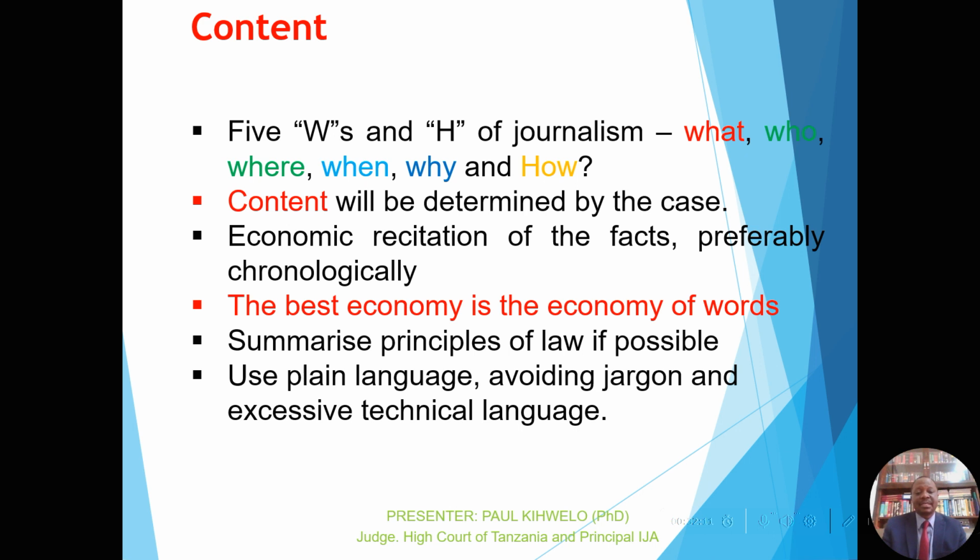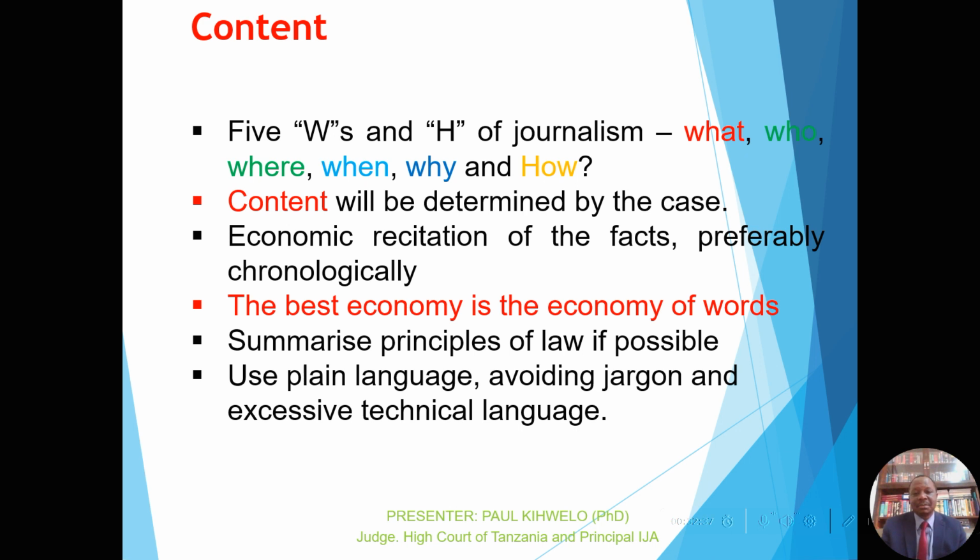When it comes to judgment writing, as judicial officers, you should be aware that judgment writing is like any other story. Journalists have a principle that a story must have the 5 W's and 1 H: what, who, where, when, why, and how.